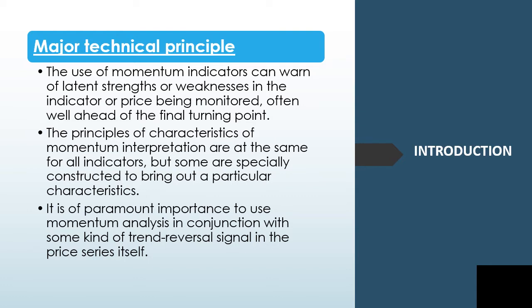So we confirm it by looking at the indicators. We could say that most indicators have the same interpretation. But again, I mentioned that it depends on the characteristic itself.